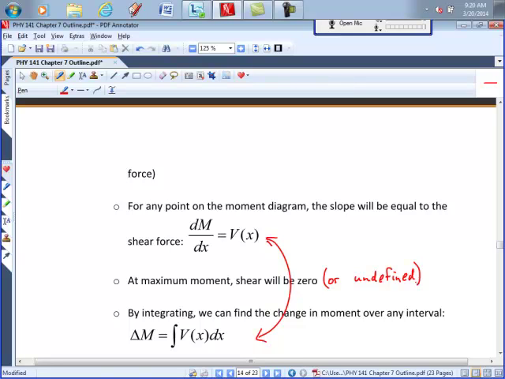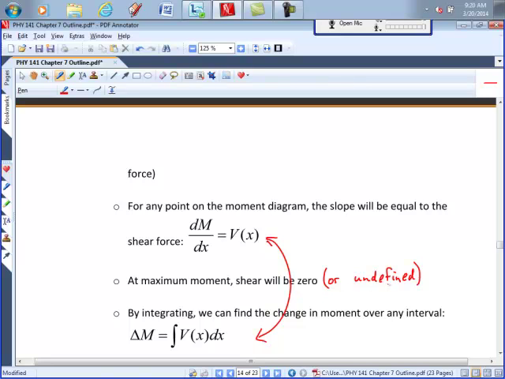That's right. Because the shear diagram is the derivative of the moment, it's going to be 0 where the moment stops increasing and starts decreasing, or where it stops decreasing and starts increasing. It's going to be a local min or max.